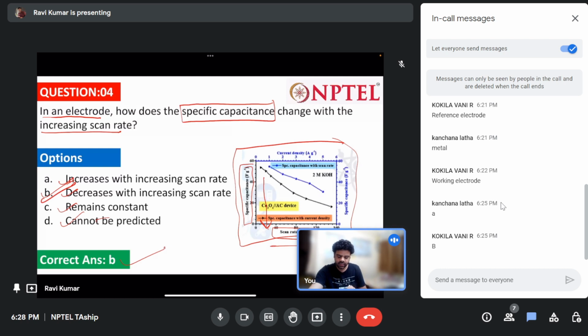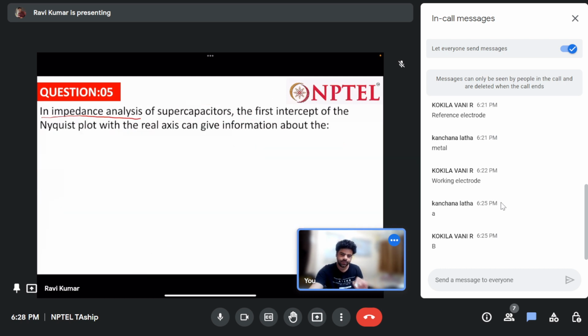It says, in impedance analysis of a supercapacitor, the first intercept of the Nyquist plot with the real axis can give information about. Very simple question, if you know about this Nyquist plot. These are the options.